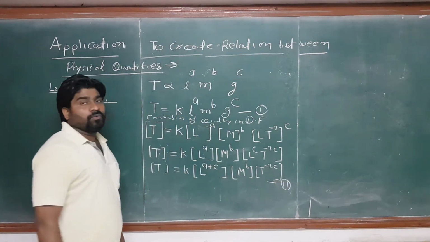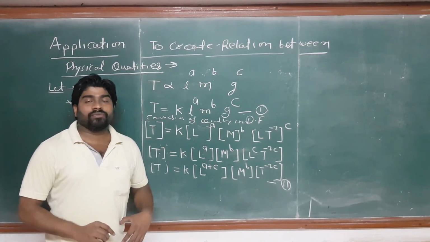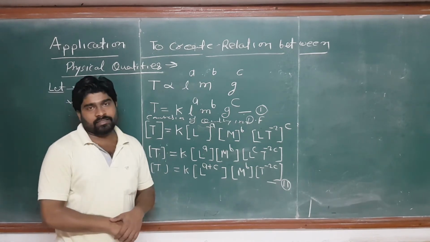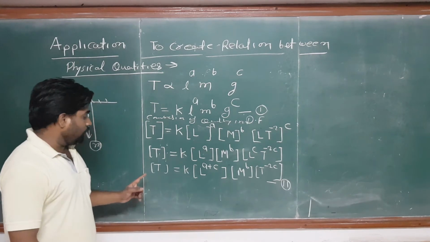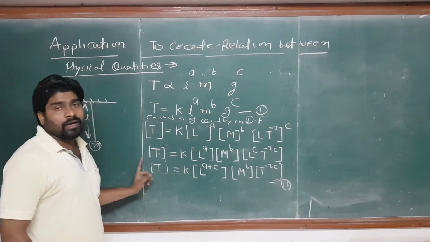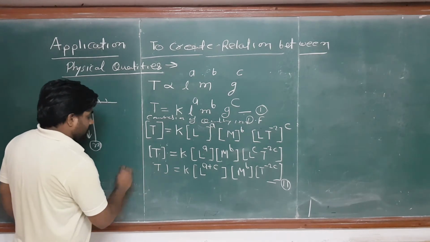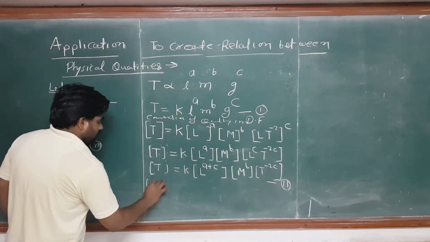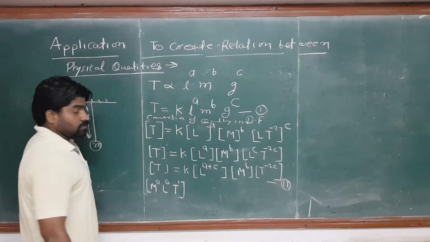Now in this equation, we will compare the indices from the left hand side to the right hand side with respect to L, M and T. As we know, there is no M and no L on the left side, so I can write M0, L0, T to the power 1.